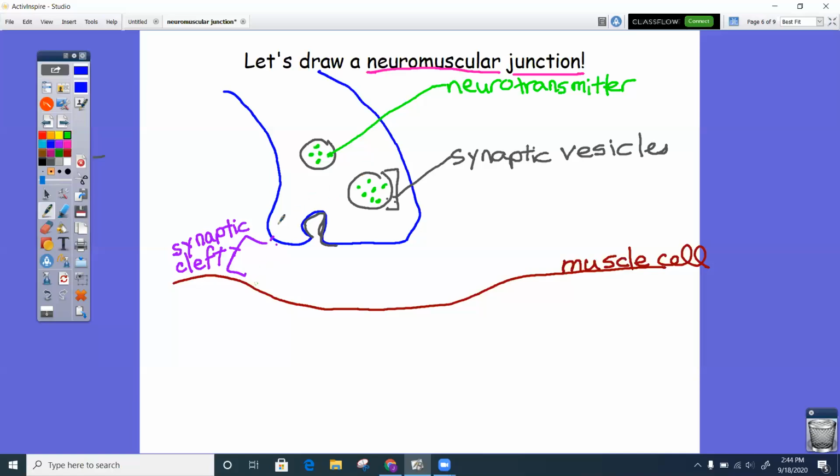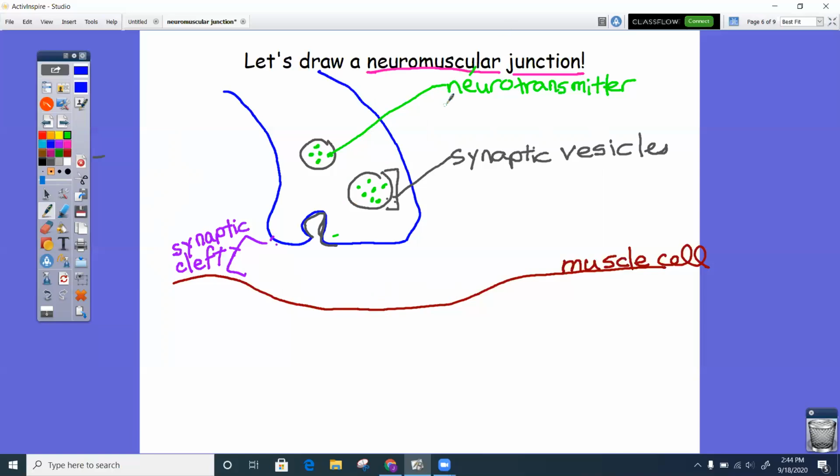So when a synapse is involved, these synaptic vesicles usually contain a neurotransmitter that will eventually be released from the presynaptic neuron into this space, and it will bind to receptors on the postsynaptic cell, whether that's a muscle cell or a neuron. We rely on these neurotransmitters to essentially get the message or the impulse from this cell to stimulate something to happen on this cell. So these are signaling molecules.